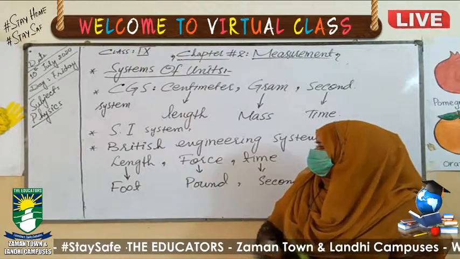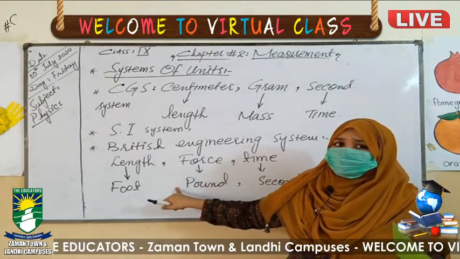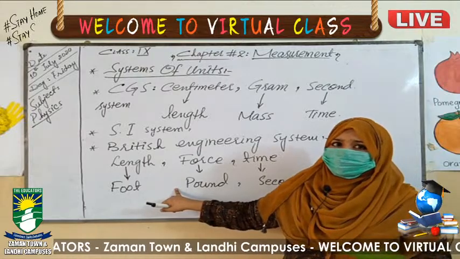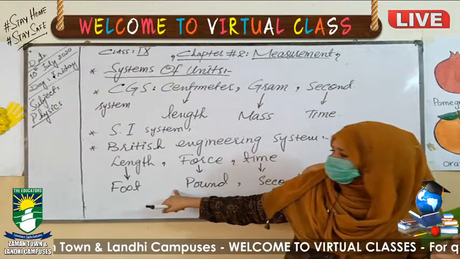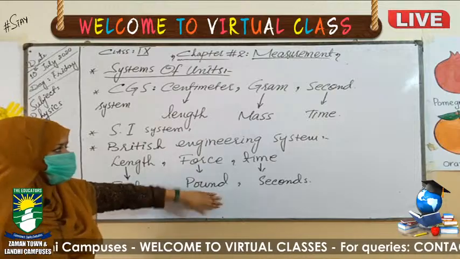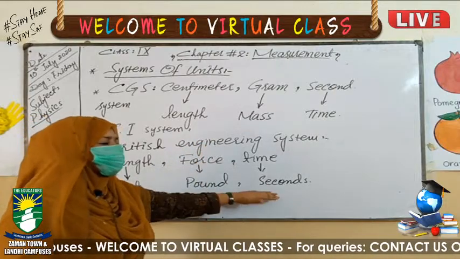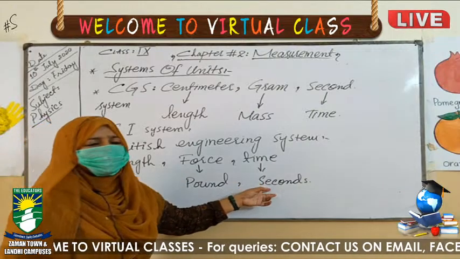Similarly, according to the British engineering system, force has the unit pound, while now the force unit is the Newton. To measure time, we use the second, and still, the second is the unit to measure time.